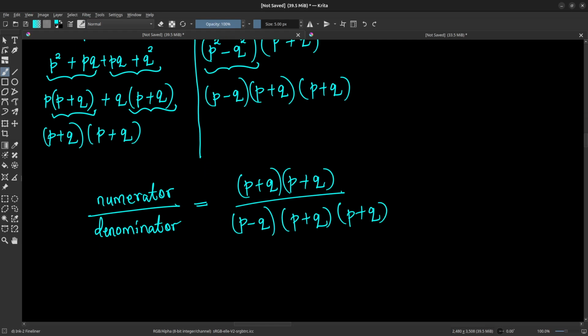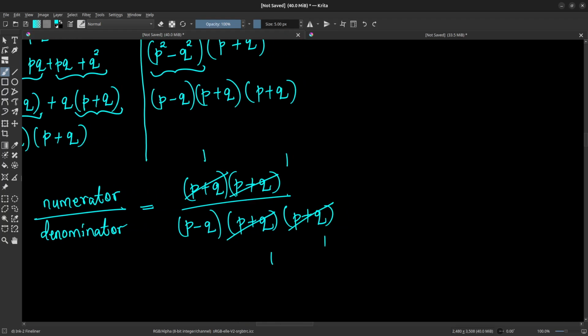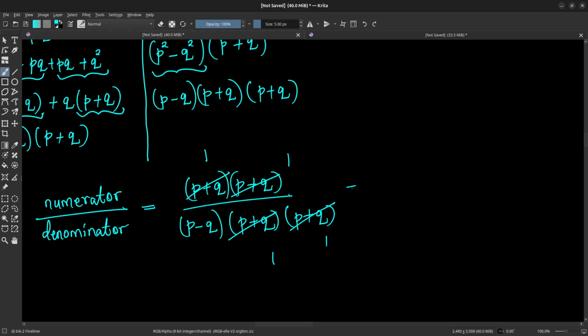So let's see, p plus q divided by p plus q is 1, and again p plus q divided by p plus q is 1, and we are left with 1 in the numerator all over p minus q. This is your simplification.